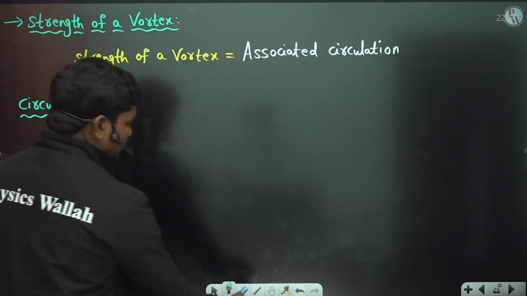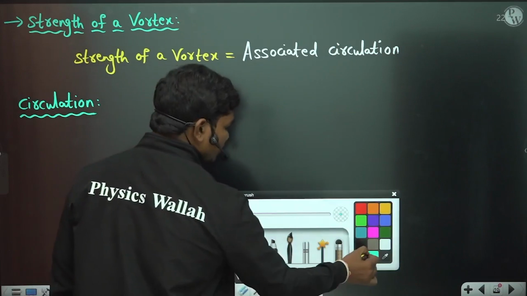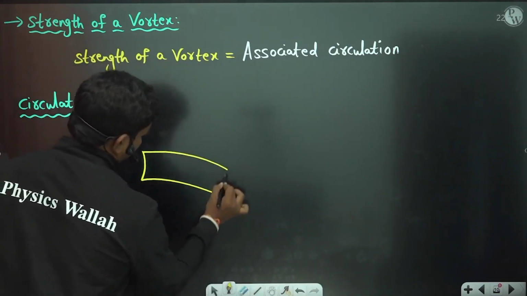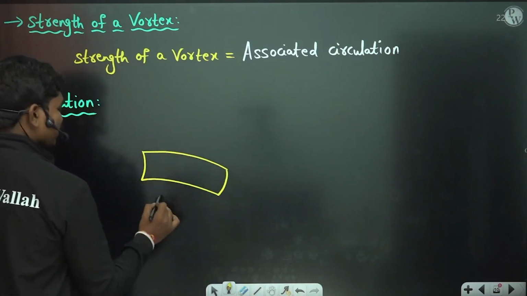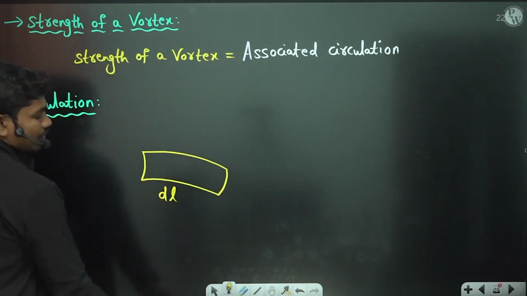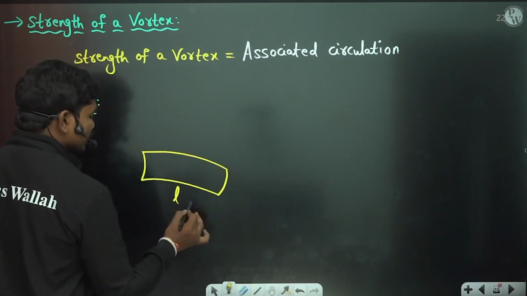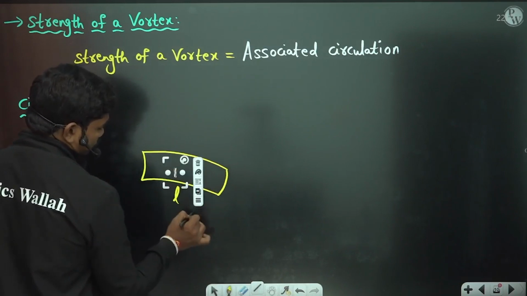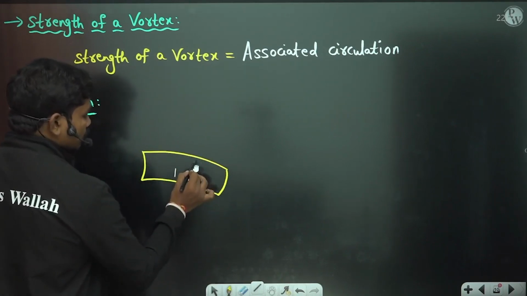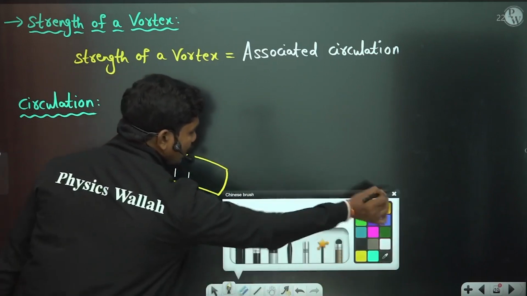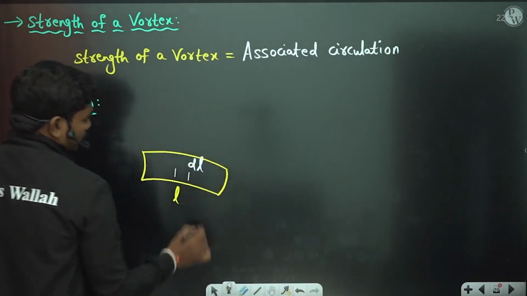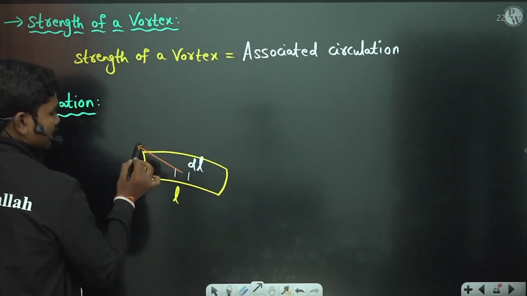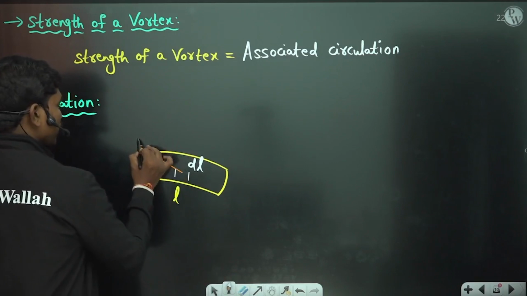So what is circulation is basically, look, let us suppose you have some length, this is some area and this length is l, let us say. Now if you take some small length of dl in this case, then the velocity of these particles is present here. So the velocity of the particles is in some direction, v bar, for example.